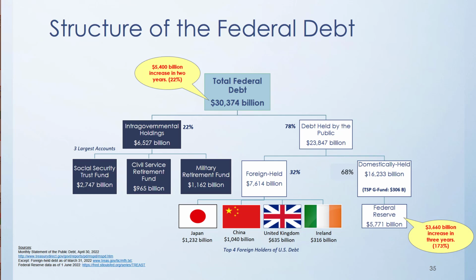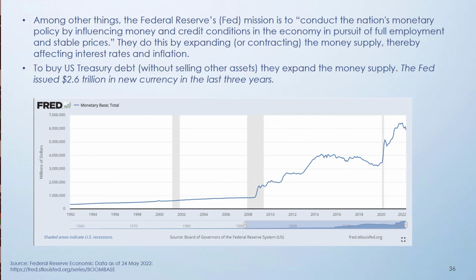So let's think about the Federal Reserve here. They are the nation's central bank. And among other things, their mission is to conduct the nation's monetary policy by influencing money and credit conditions, think the amount of money in circulation and interest rates, in the economy in pursuit of full employment and stable prices. So if the Fed is doing a perfect job, we have high employment and low inflation. And they do this by expanding and contracting the money supply.